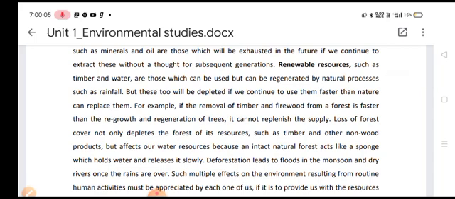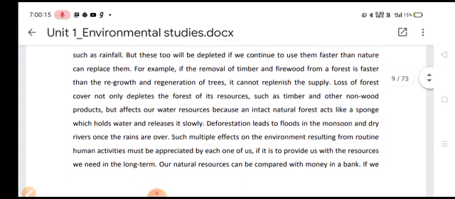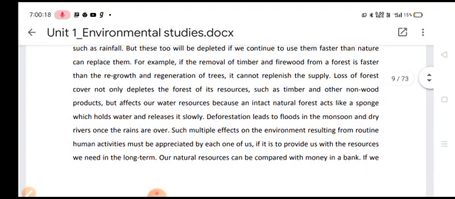Renewable resources such as timber and water are those which can be used but can be regenerated by natural processes such as rainfall, but these too will be depleted if we continue to use them faster than nature can replace them. For example, if the removal of timber and firewood from a forest is faster than the regrowth and regeneration of trees, it cannot replenish this supply.